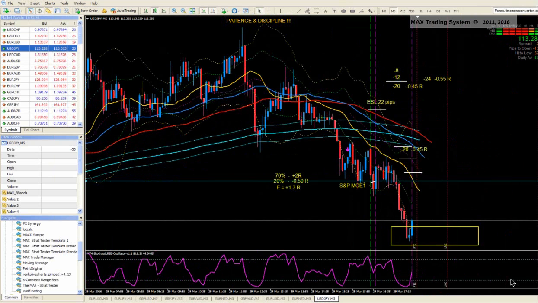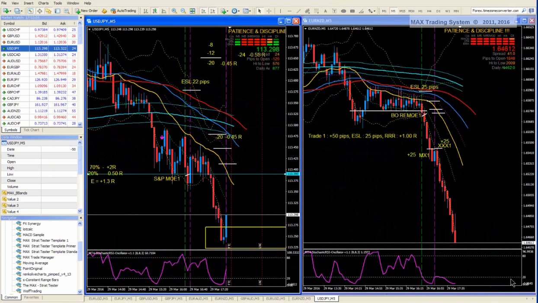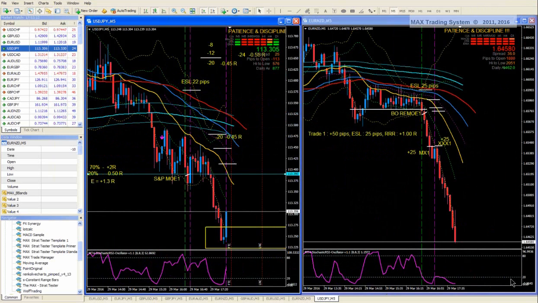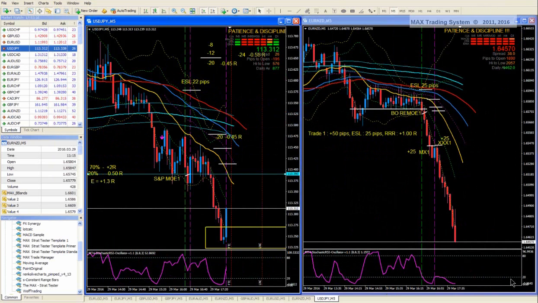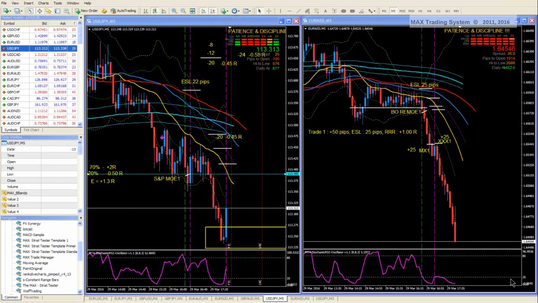Let me check on my MAX standard chart. Yeah, with the MAX standard chart here, where is my USD yen? Let me check if it would have been possible to exit earlier. So the price is retracing very fast.